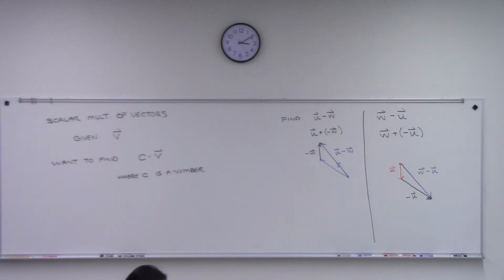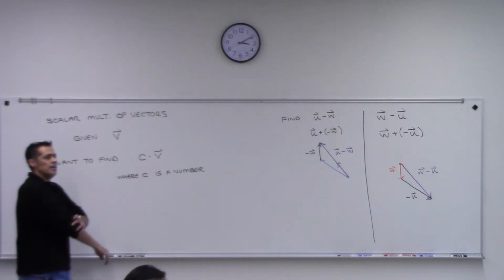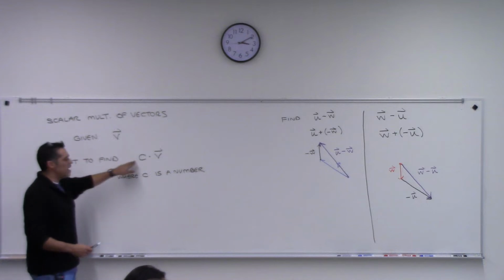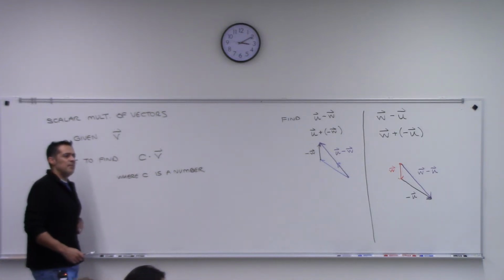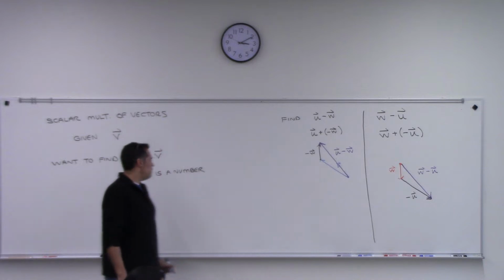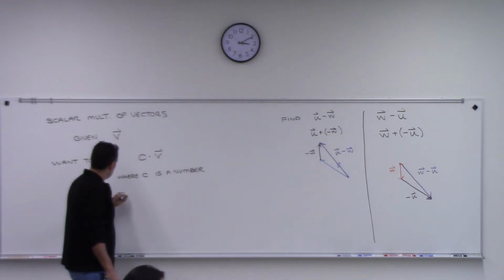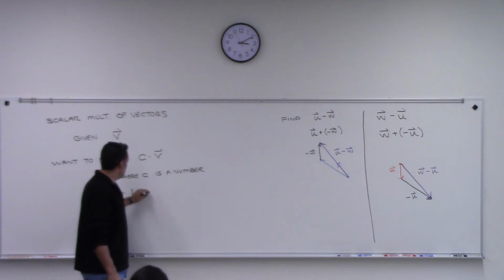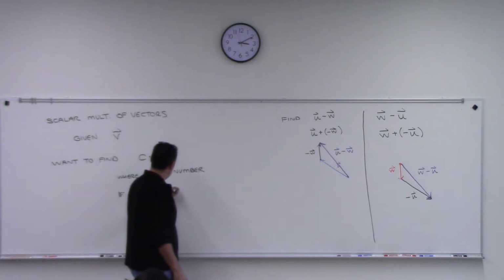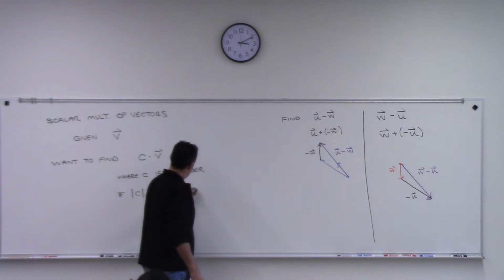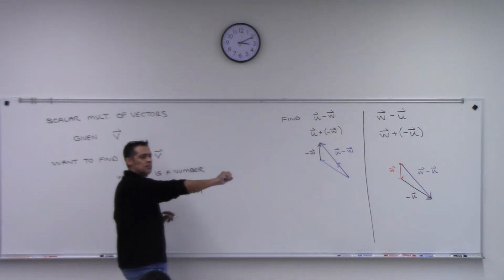So how do I summarize this? Well, right there, it says, given a vector v and a scalar c, a number, then c times v changes the shape of v. If the absolute value of c is bigger than 1, it's going to stretch it, make it longer.